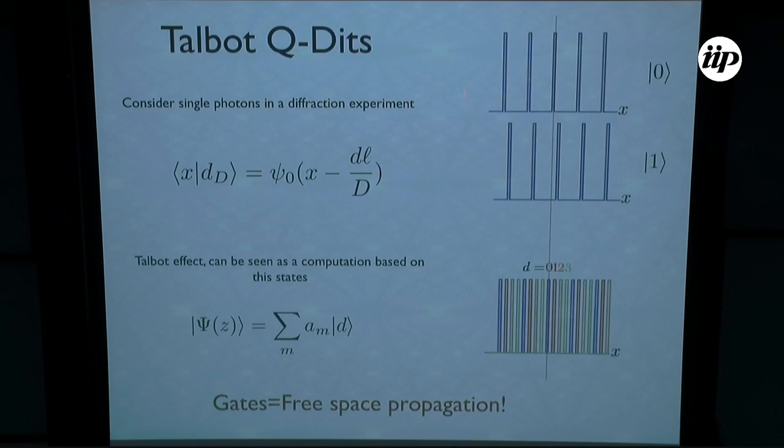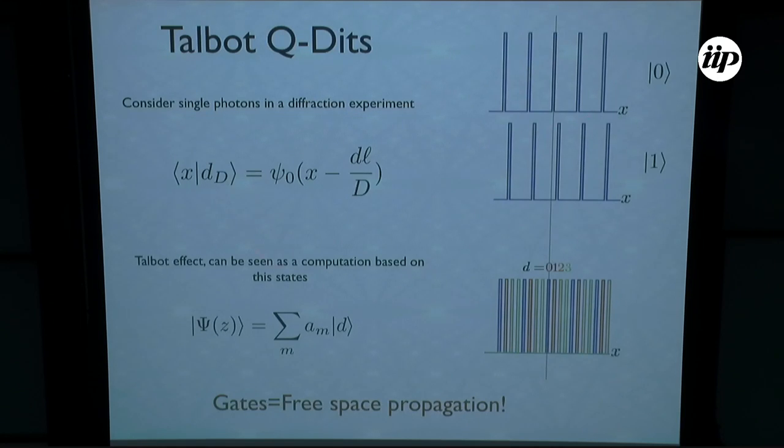Each periodic function like this is orthogonal to this, and then I have two states that are orthogonal. So somehow the propagation itself is going to do some kind of operation on this basis already, and then we can understand this pattern as a computation, if you want to call it that, like an application of a gate on this basis.